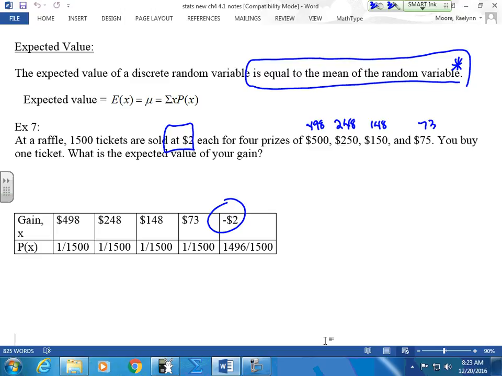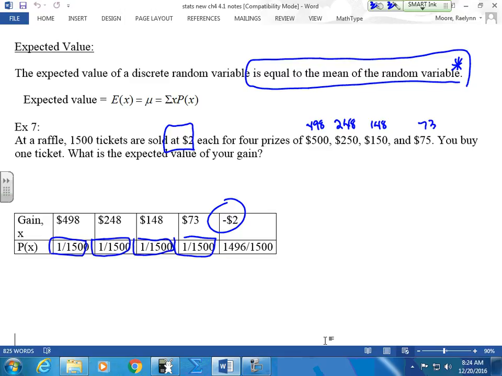Okay? So there's only 4 tickets that are winners out of 1,500. So each one of these guys has a 1 out of 1,500 chance of winning. What odds? The odds are not good. But then again, you're only spending $2.